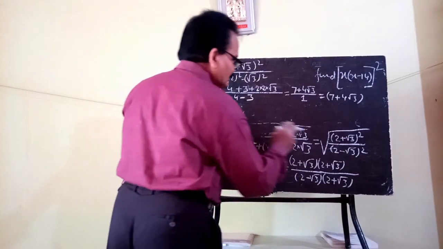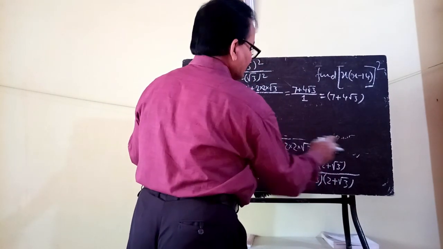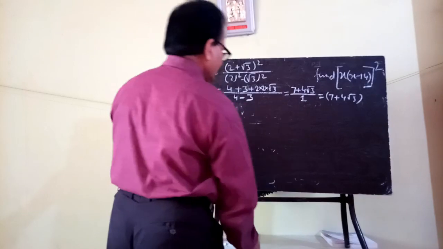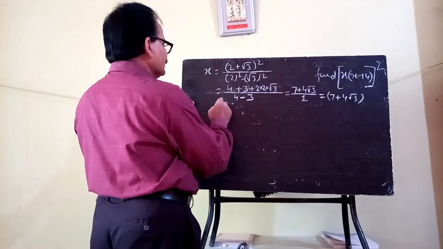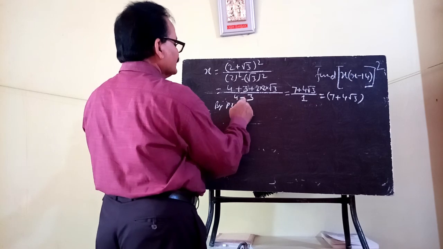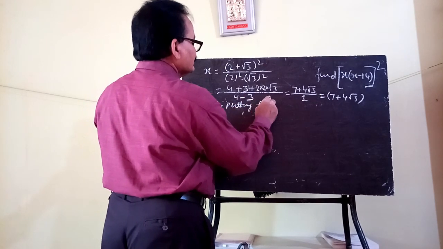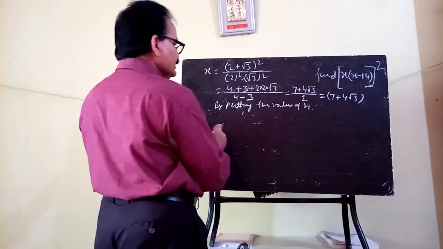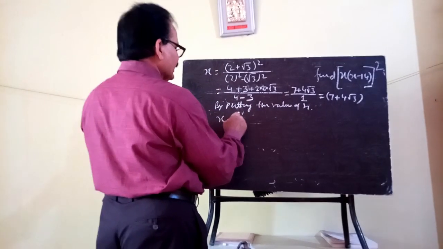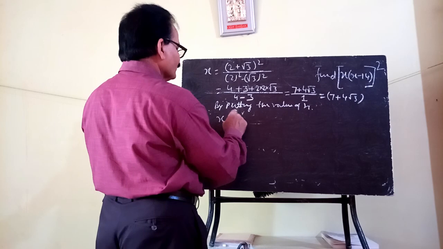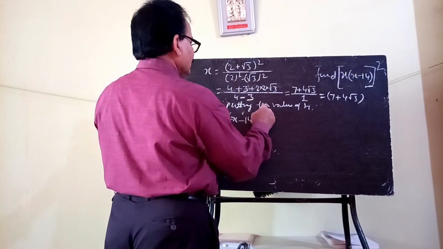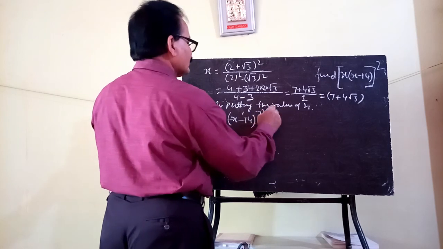Now you have to substitute the value of x in the expression. Putting the value of x, you see x into (x minus 14) whole square.